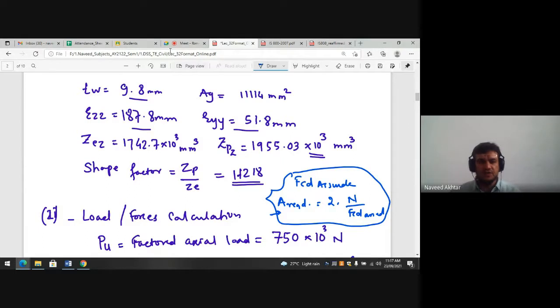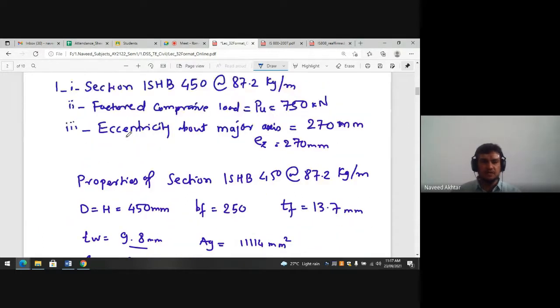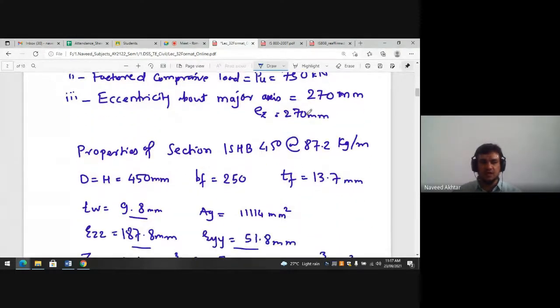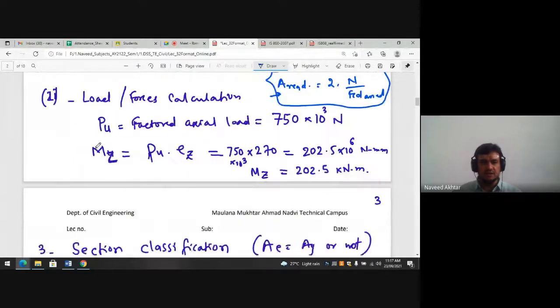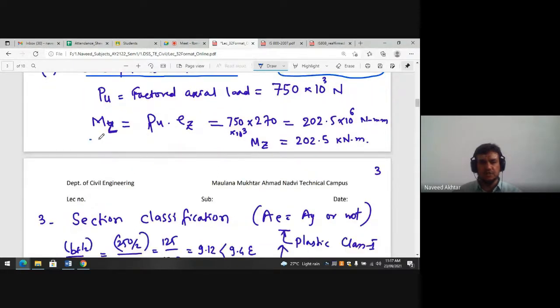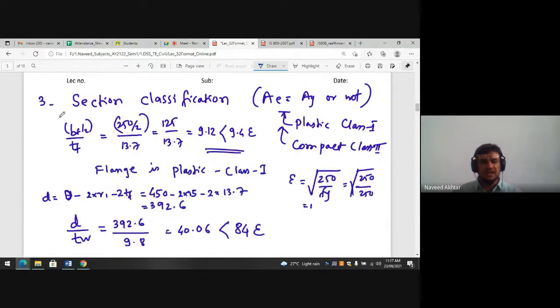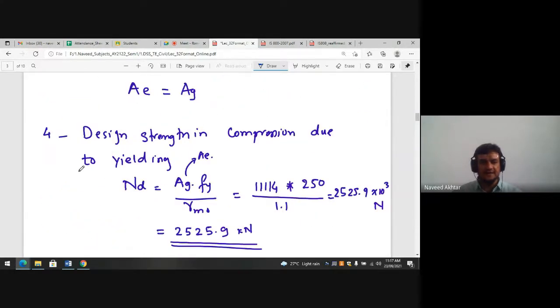So in step 1 we write down all the properties of the section and the given load, and then in step number 2 we find the forces and calculate the moment. For the major axis, we have calculated the moment as 202.5 kilonewton meter. Then section classification. Why are we doing the section classification? If it is a plastic or compact section, then Ae is equal to Ag.